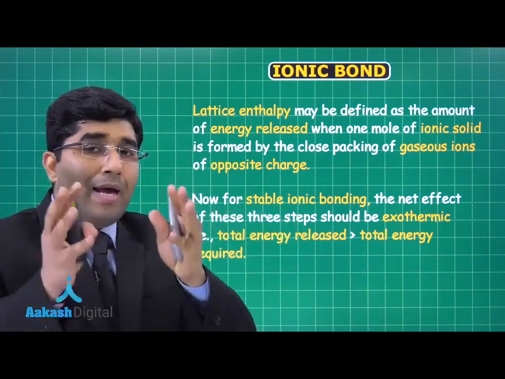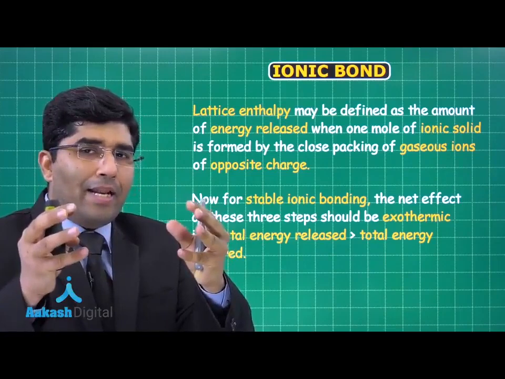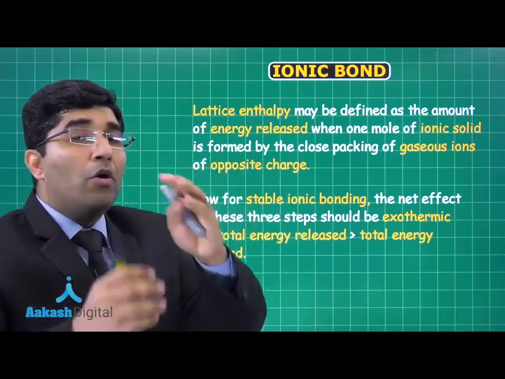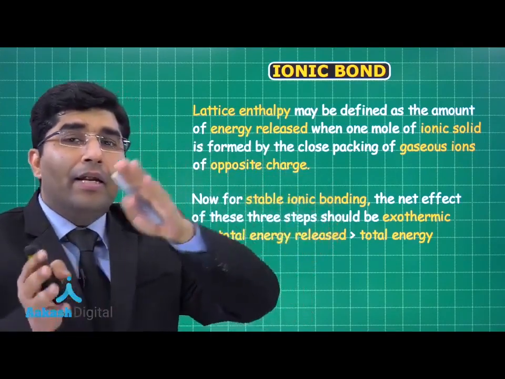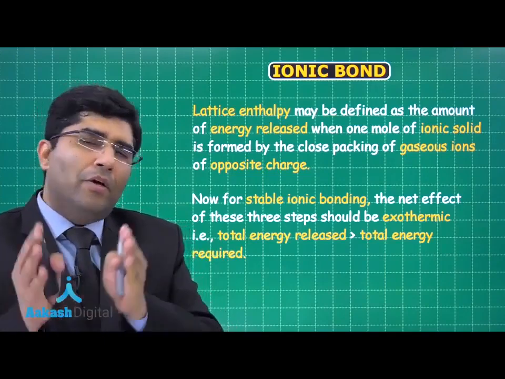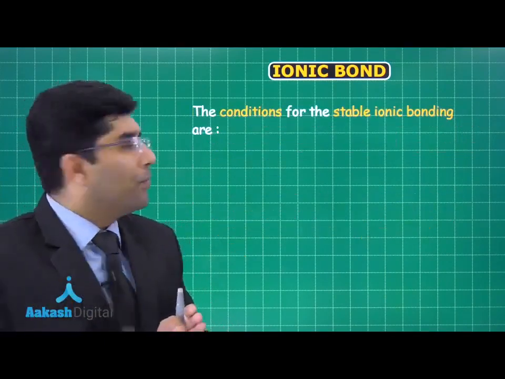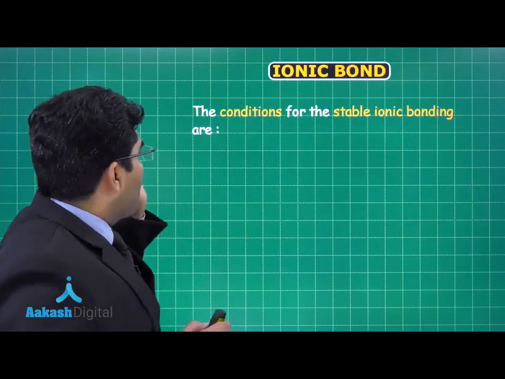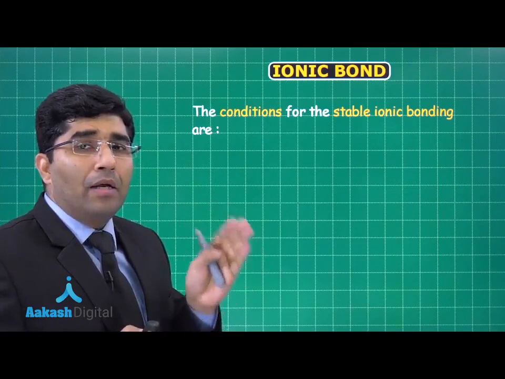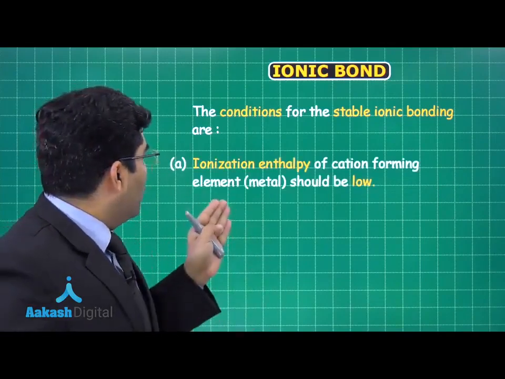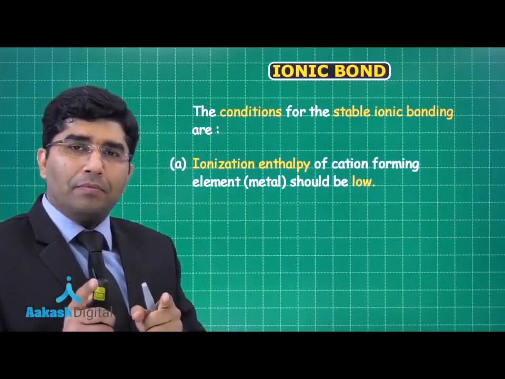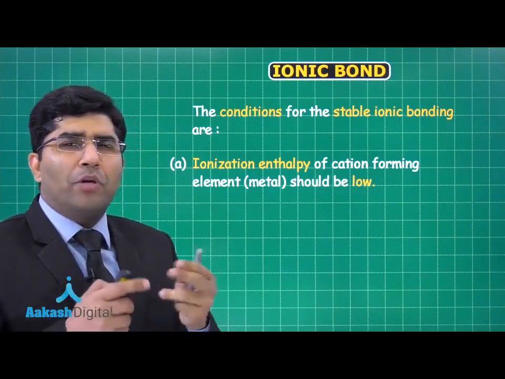So if our system has a gaseous cation and a gaseous anion, when they come close to each other, they will release energy. The more energy they release, the less energy they have, and the less the energy, the more the stability. It means we now have to discuss the conditions for stable bonding. The first one is that the ionization enthalpy of the metal should be low, meaning the metal should be like sodium, potassium, calcium, magnesium.